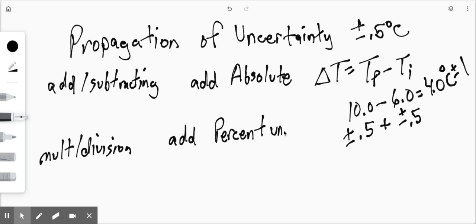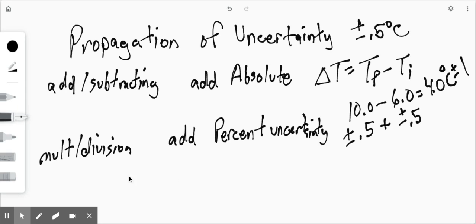So that's an important distinction that you must make. If you're adding or subtracting, you're going to be adding absolute uncertainty. If you're doing multiplication or division, you're going to be adding percent uncertainty for each measurement. You have to be detailed here. You have to be systematic. You have to be careful. And if you do that, it should be no problem.